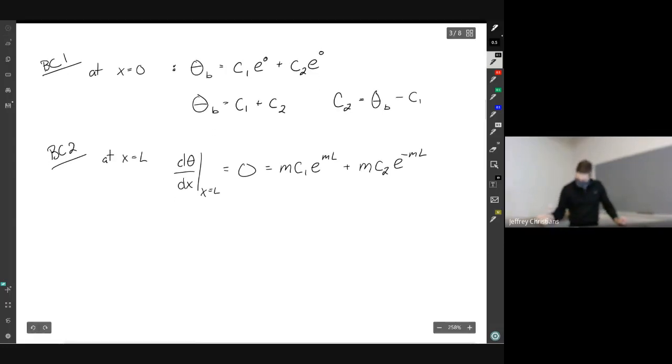So for this to work, the m's can cancel out, so C1 e to the mL must equal C2 e to the minus mL.